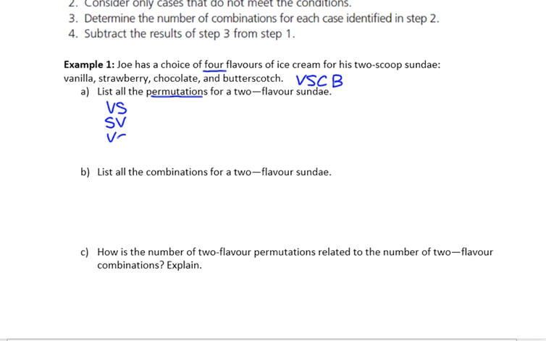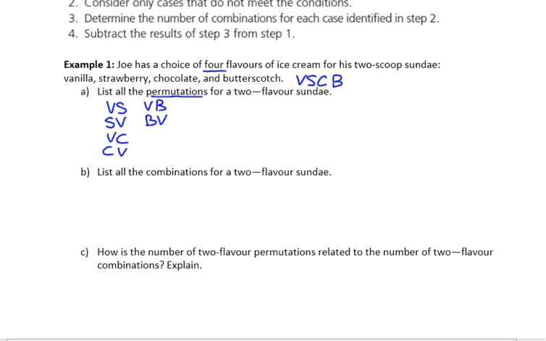Okay. Vanilla chocolate, chocolate vanilla. We're assuming no repeats. Yes, that's a very good question. That'd be a whole other question. Vanilla butterscotch, butterscotch vanilla. And then now do all the ones with, so we already did all of these.